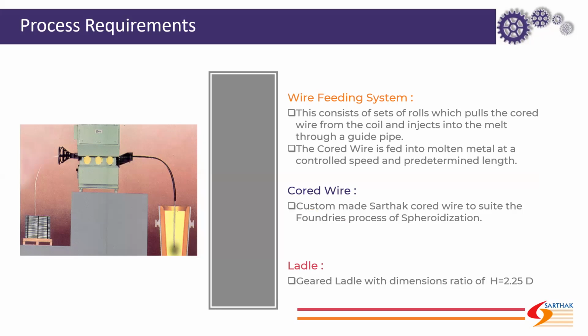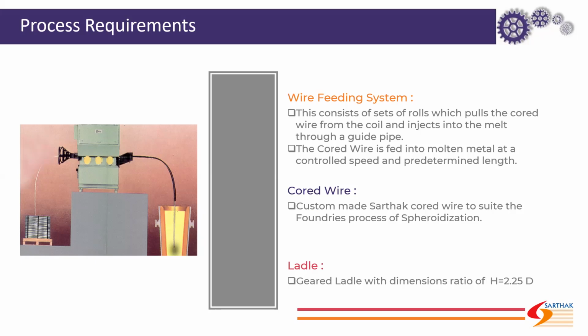Also the ladle is very important. The ladle with a dimension ratio of H equal to 2.25D, because we need some self height, or freeboard, in the ladle of around 450 to 500 mm for magnesium core wire injection.